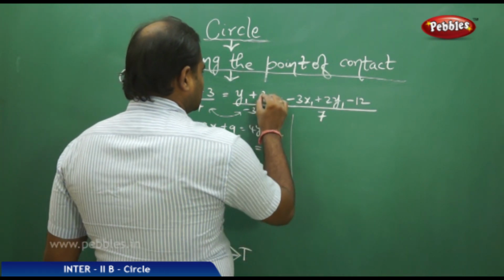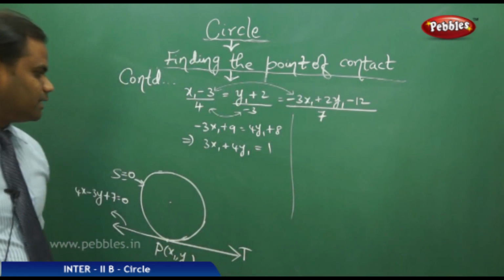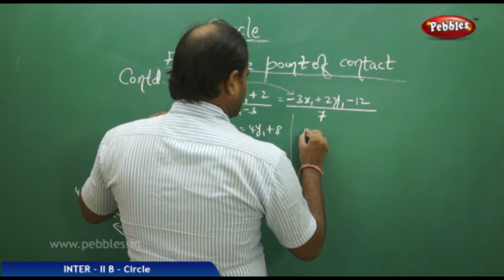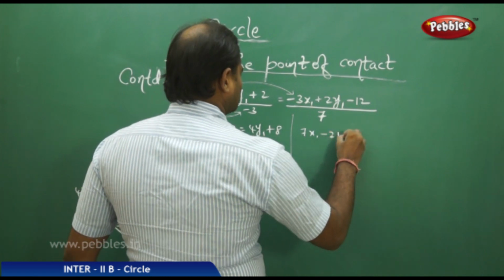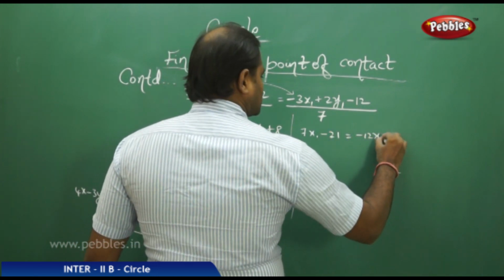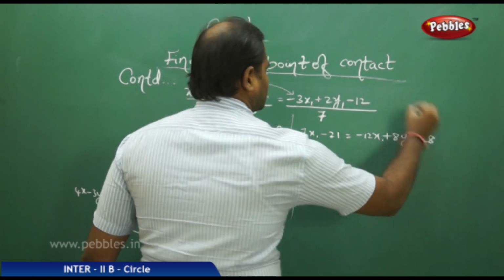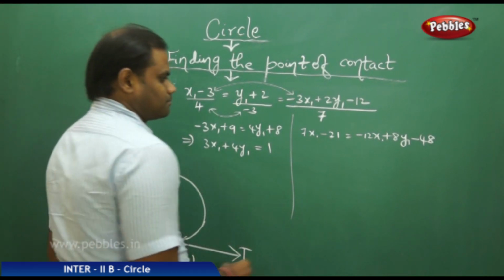Then I take the first and last equation, and on simplification it gives me 7x1 minus 21 is minus 12x1 plus 8y1 minus 48. This, on cross multiplication, gives this equation.